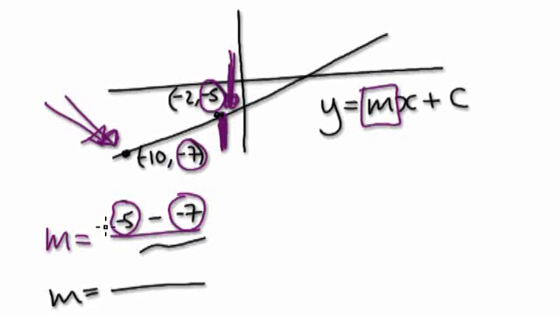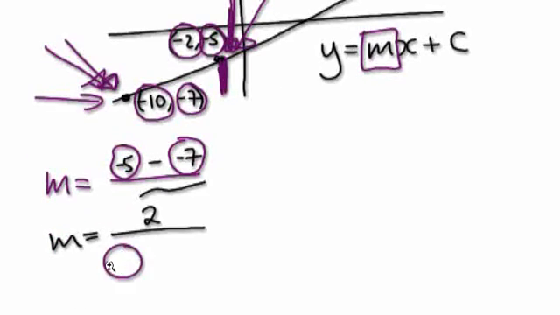So that would be like minus 5 add 7. So that would be 2. And then now we're interested in the width here. Remember, we take this point, take away this point. So it would be minus 2.